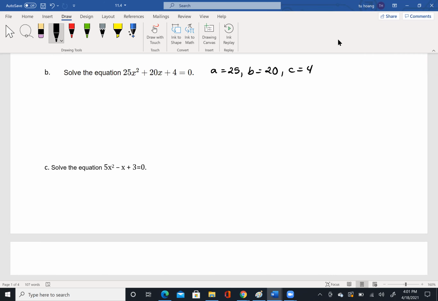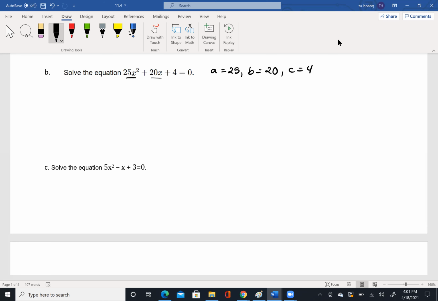They mix it up, right? In that case you must organize it to make it look like this formula. You need to make sure the x squared term is first, and then you get the a, and then the middle term is going to be x. See that? So that's the way.